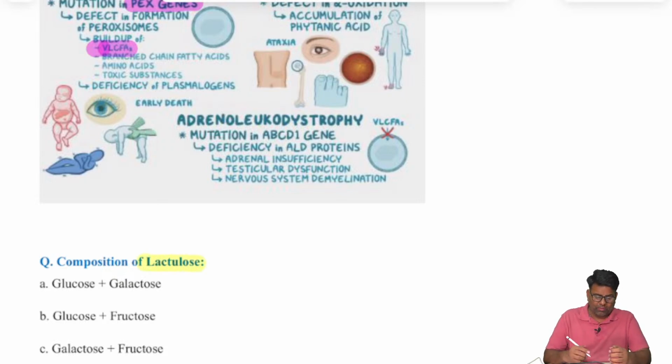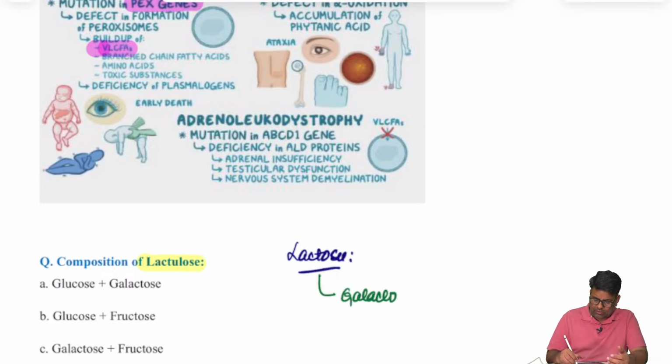Now, there is a very good question about lactulose, because previously we had questions about lactose. We know that the components were galactose and glucose, yeah, this is lactose. Now, what is lactulose?